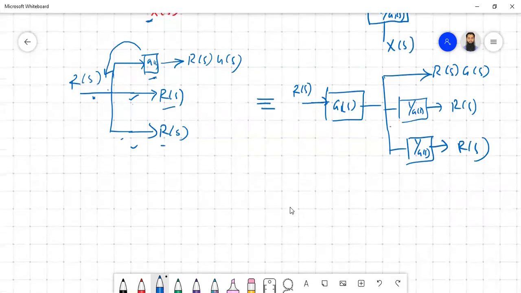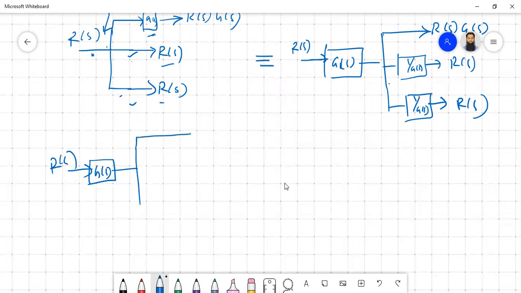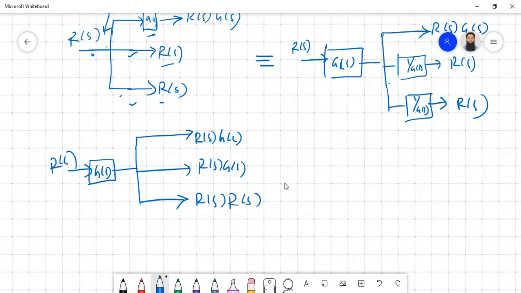The other thing can be something similar. Now you have one block here, G of S, and this is your RS. Say all three are the same thing, so all three are basically RS, GS, RS, GS. In this case, what can be done equivalently? This one can be brought here, here, here.